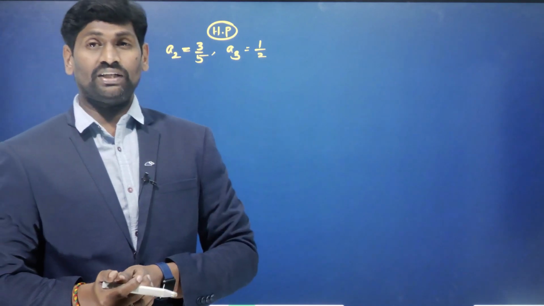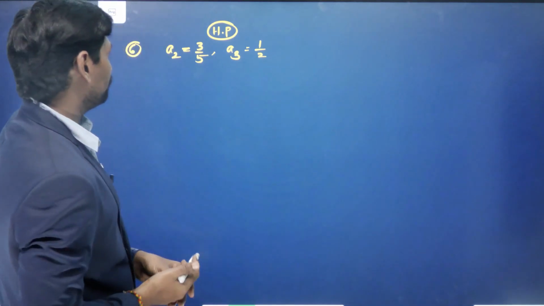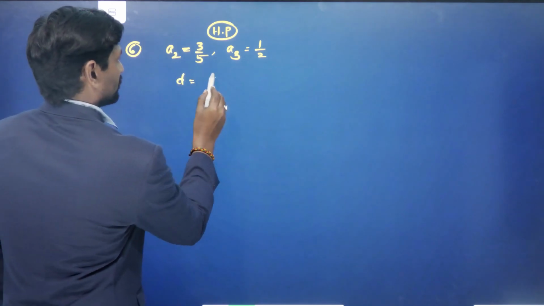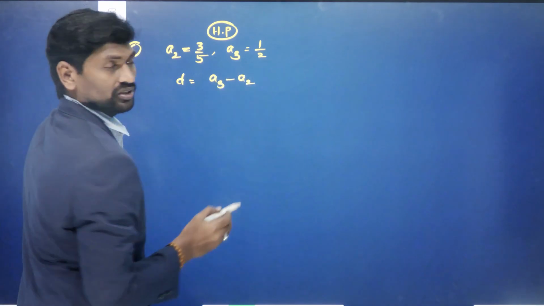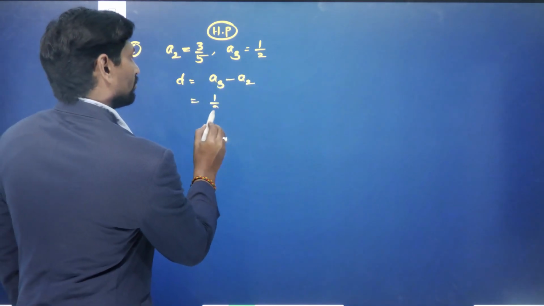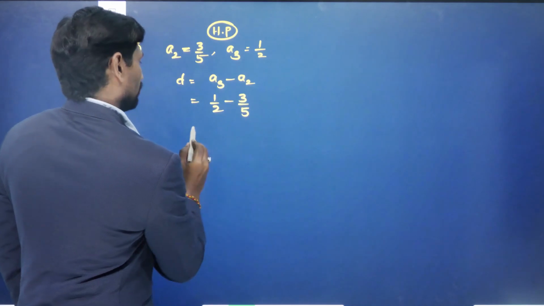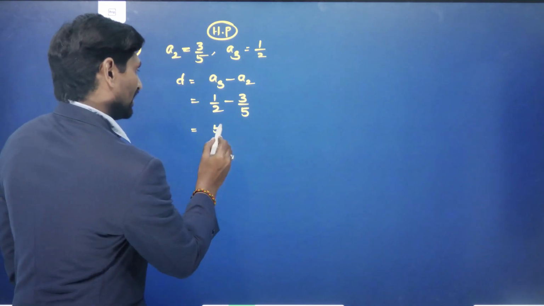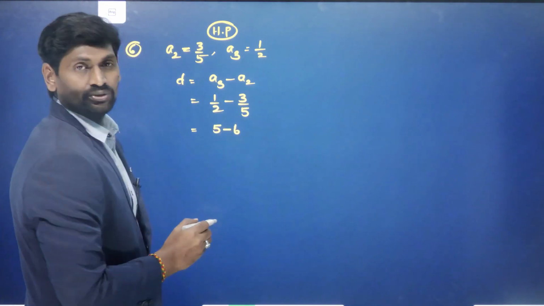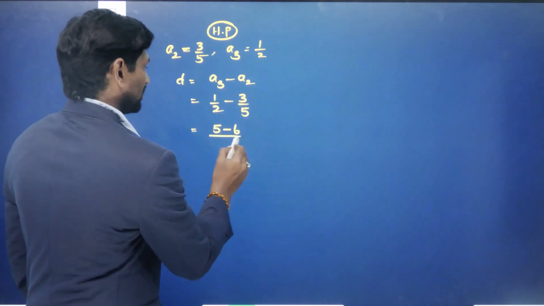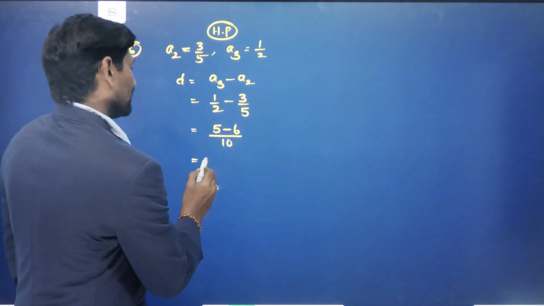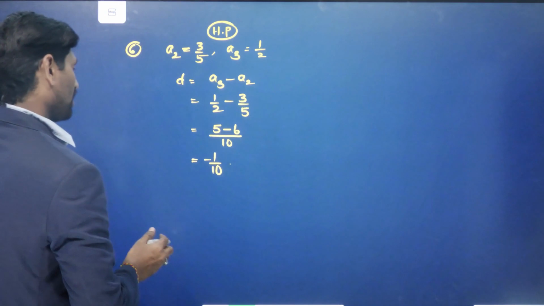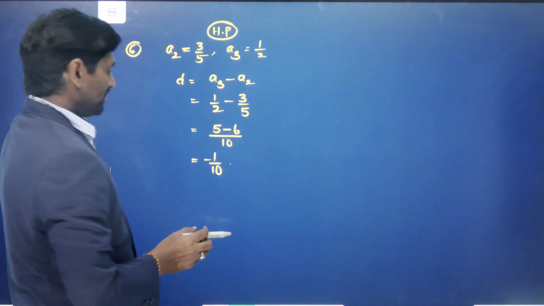According to the condition, the difference must be equal. So let us find the difference: D equals A3 minus A2, that is 1 by 2 minus 3 by 5. Both are unlike terms, so find their LCM, which is 10. Doing the cross multiplication, it will be minus 1 by 10. This is the common difference. Now, A2 is equal to A1 plus the common difference.